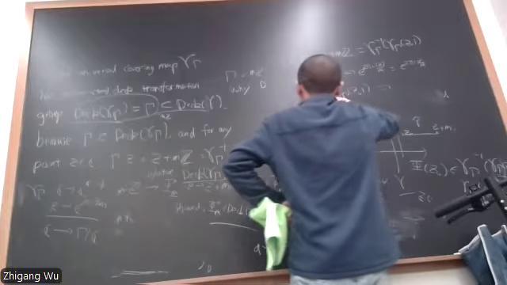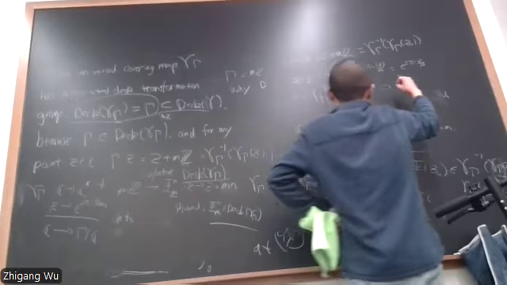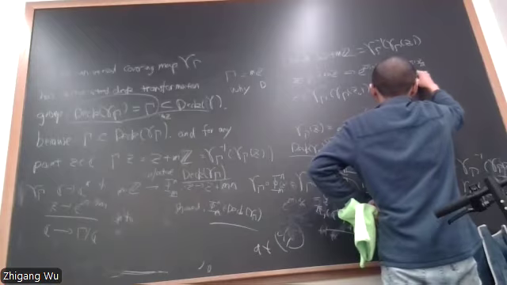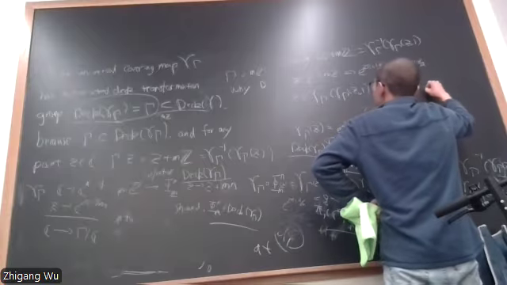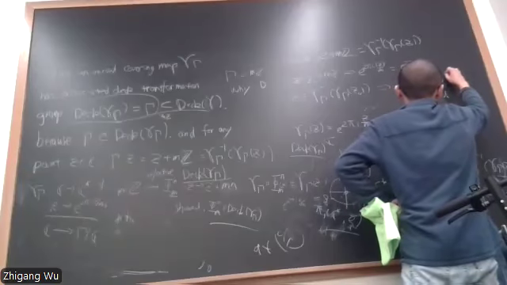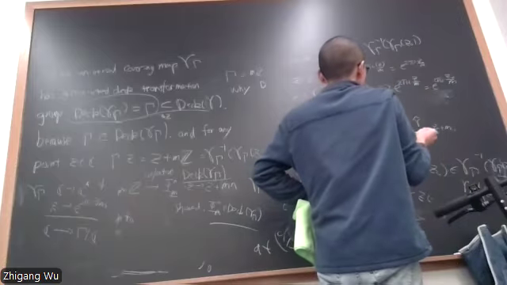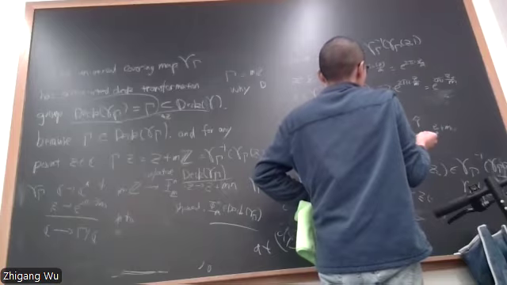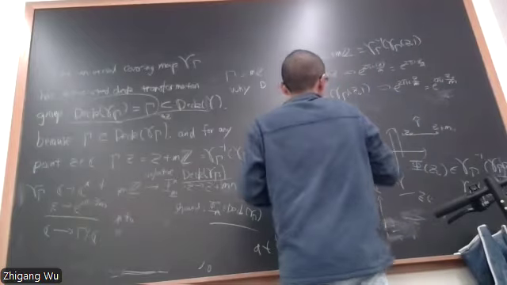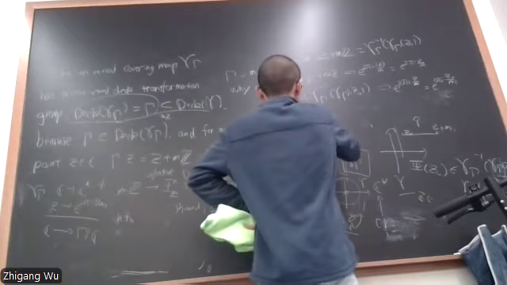So it implies e to the 2 pi i c over m is equal to e to the 2 pi i c naught over n. So this implies what?